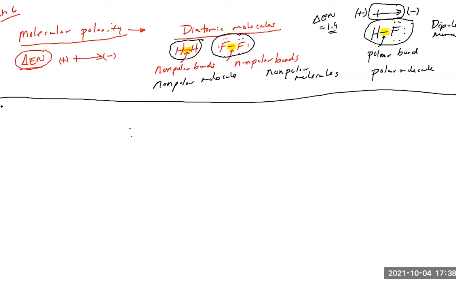When we get three or more atoms in a molecule, you really have to look at two things when you're trying to decide about molecular polarity. The first thing is, does it have polar bonds? If the answer there is no, then you can pretty much stop. It's going to be a non-polar molecule.